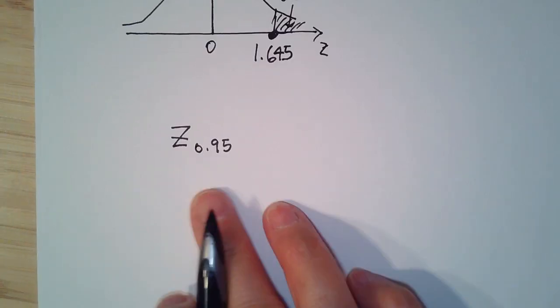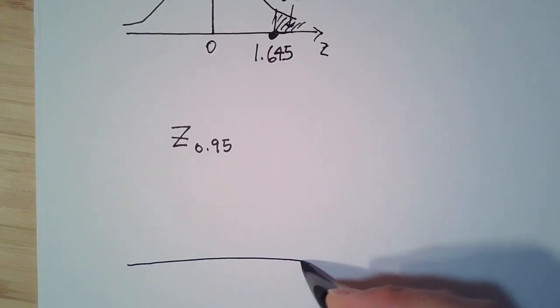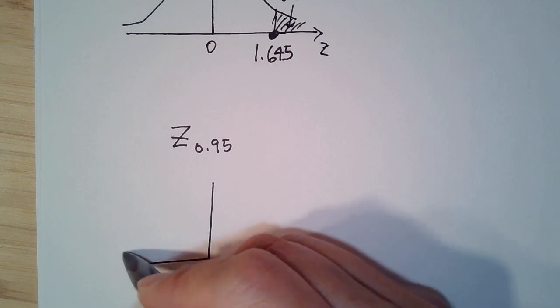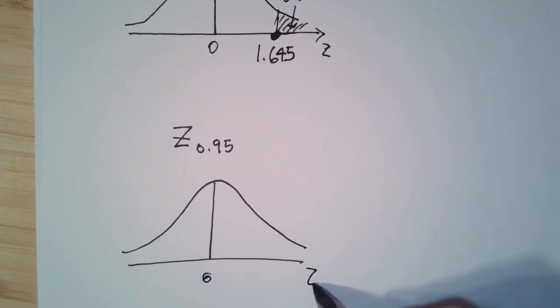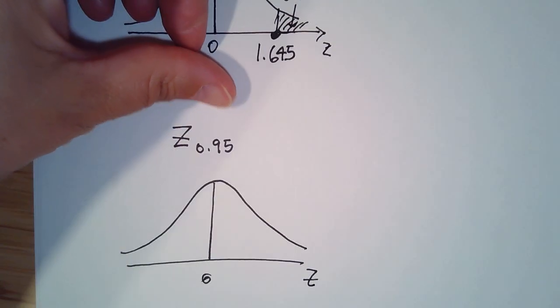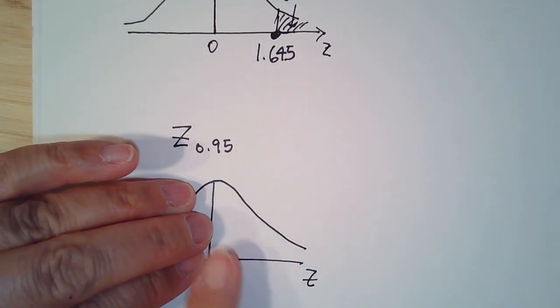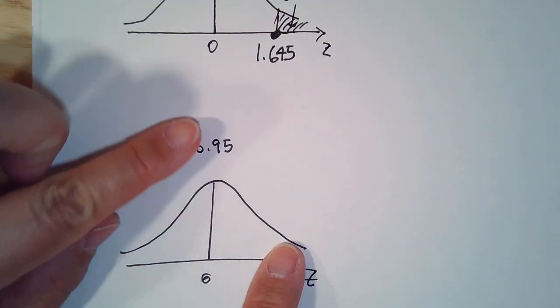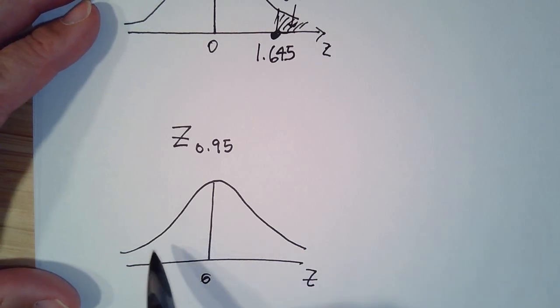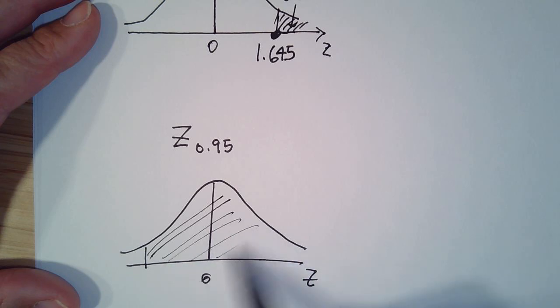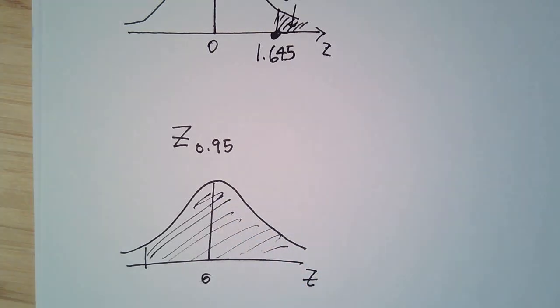Okay, what about the z-score 0.95? That means we're looking for the z-score where the area to the right of it is 0.95. Remember, starting from 0 to the right is 0.5. Now you have 0.95, it's greater than 0.5. So you have to start from somewhere here to the right in order to get 0.95, isn't it?